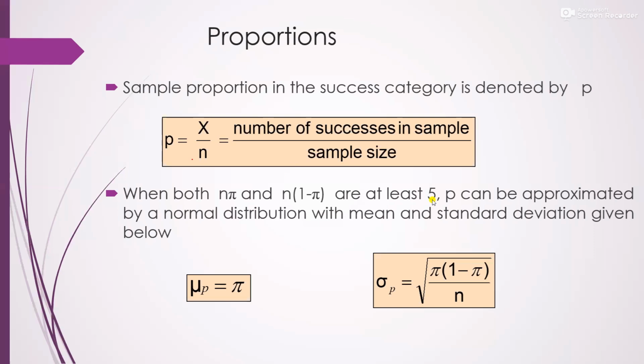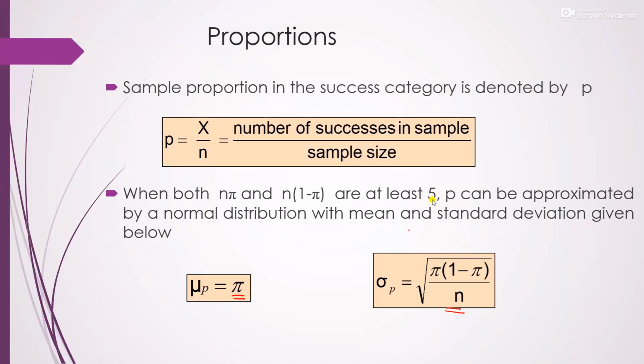Here also, the sampling distribution of P has a normal distribution with mean pi and standard deviation square root of pi times 1 minus pi over n. N is the total sample size. But what is the condition we have to check to say it's a normal distribution? N pi and n times 1 minus pi are at least 5.